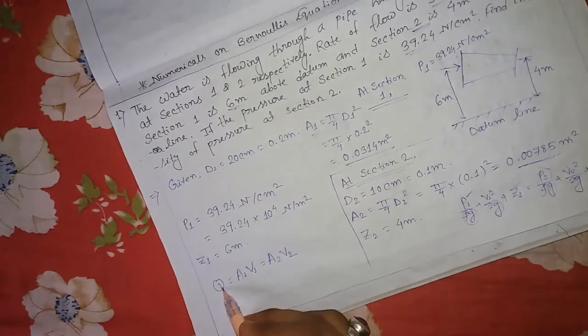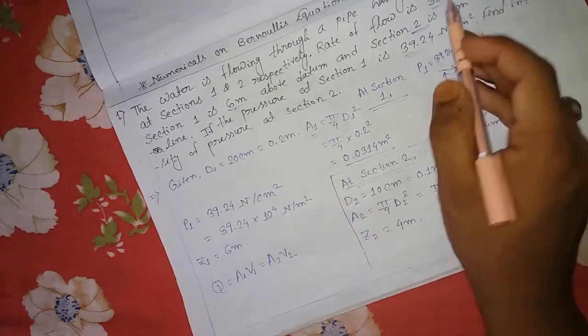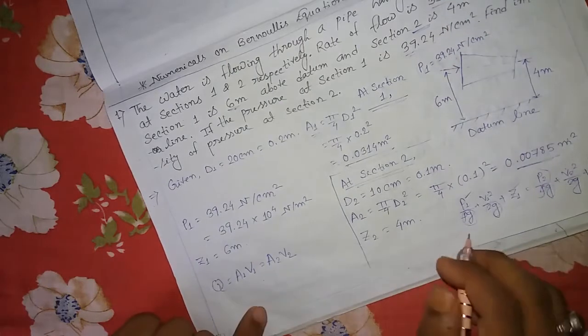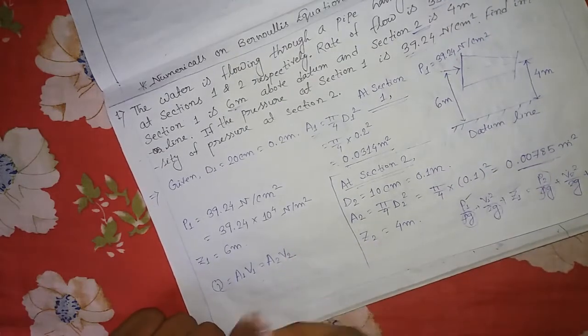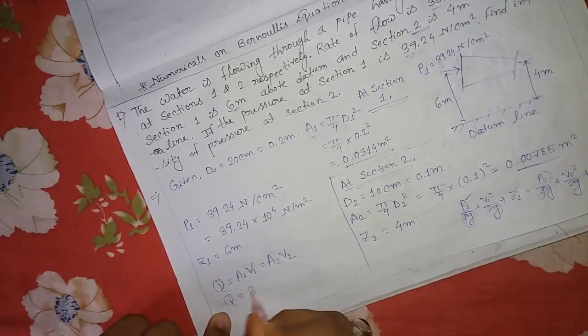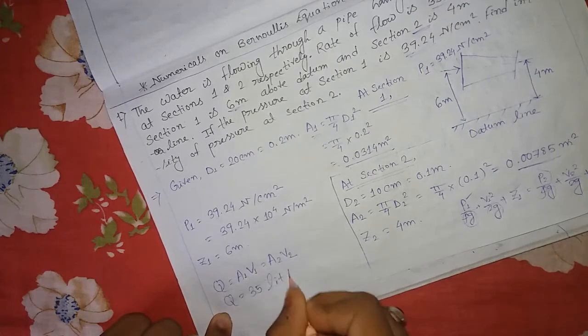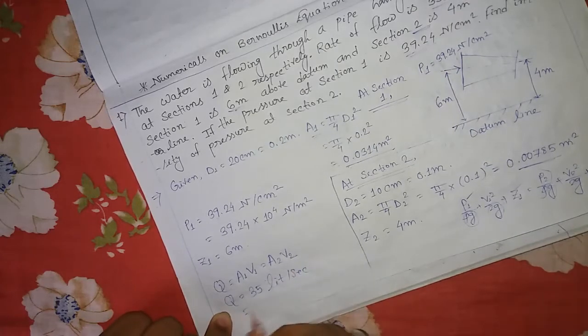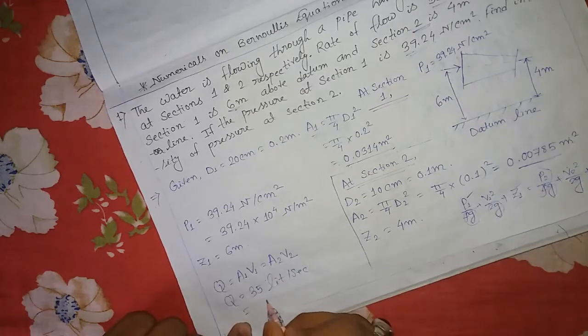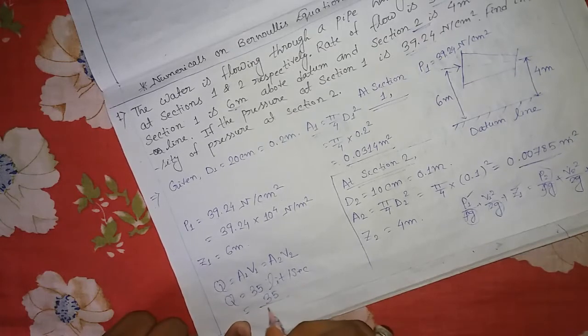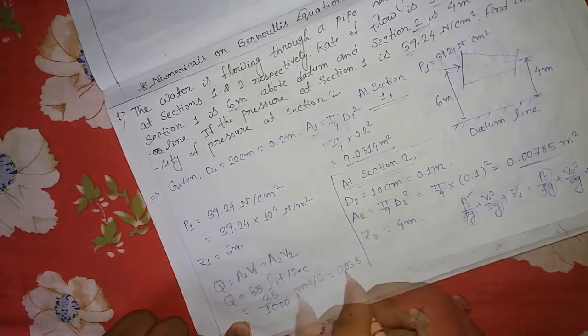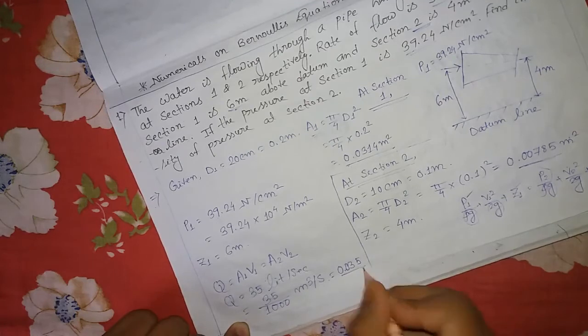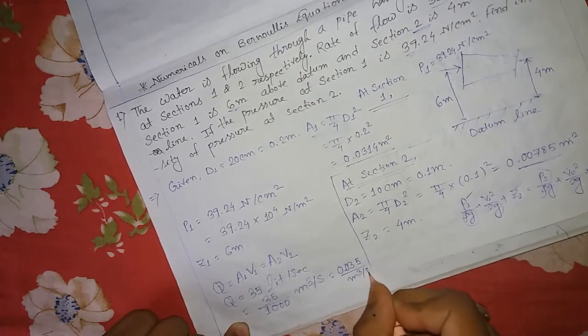So Q equals 35 liters per second. To convert liters per second to meter cube per second, we have to divide by 1000. So 0.035 meter cube per second, right?